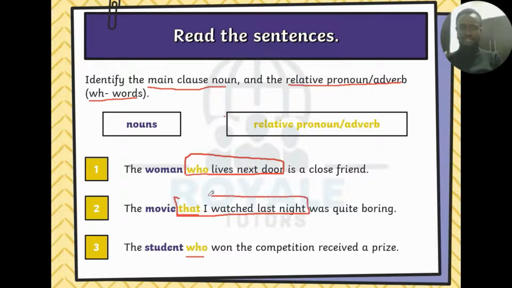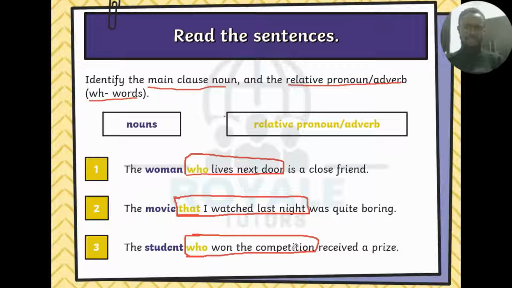The relative clause. And then we have it here as well. Can you see this? Who lives next door, that I watched last night, who won the competition.